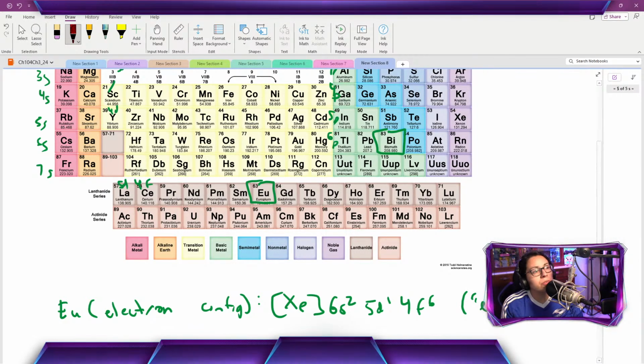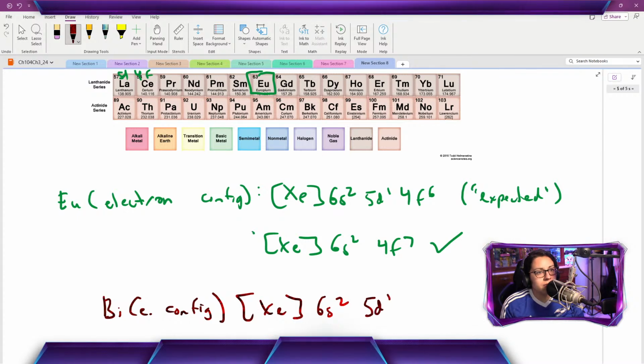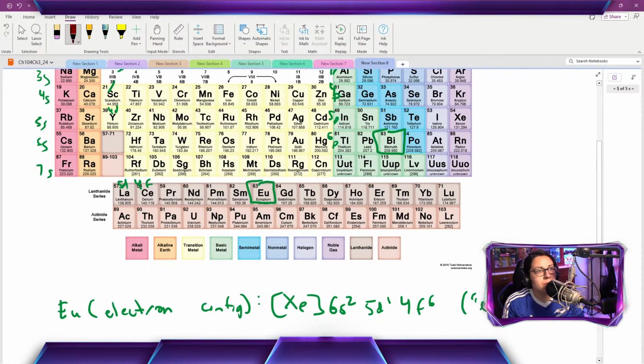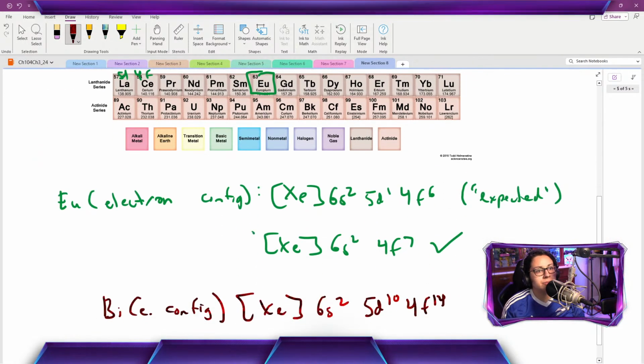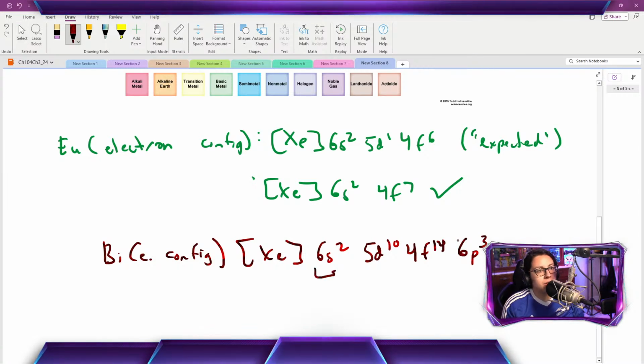So I'm going to fill up 4f14. Then we're going to go back and fill up the 5d's. So let's go ahead and do both of those. So 5d10, 4f14. And now we're back at 6p, 1, 2, 3. For bismuth. And these are usually considered the valence electrons. For these compounds, we usually kind of ignore all those.